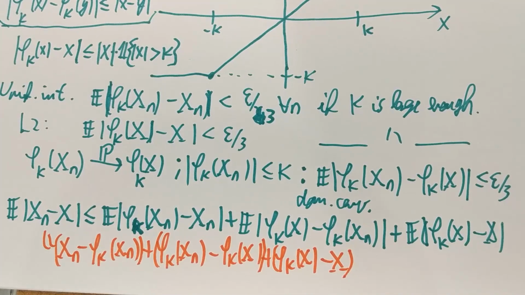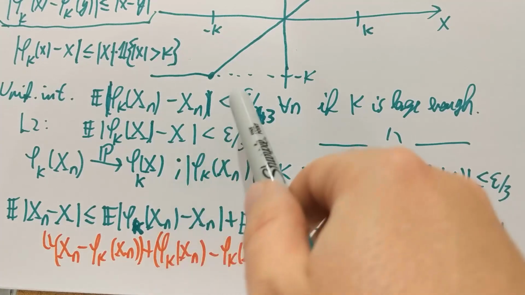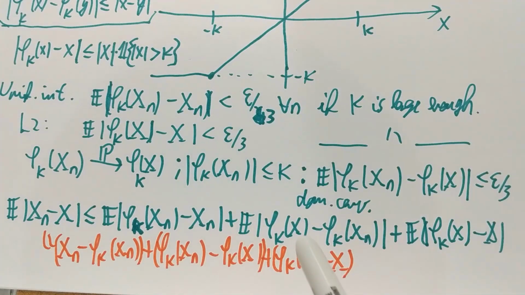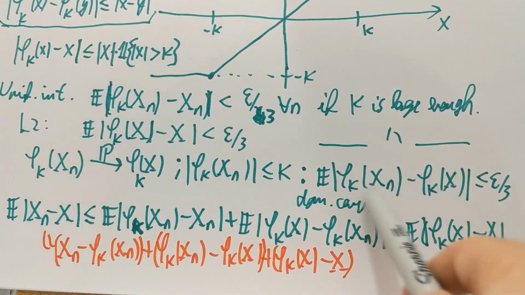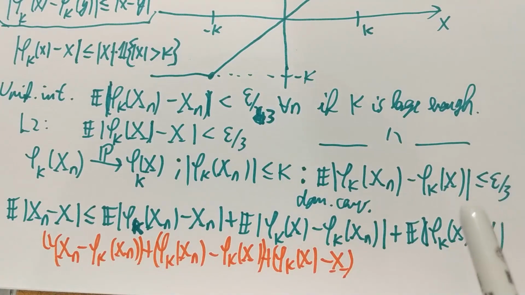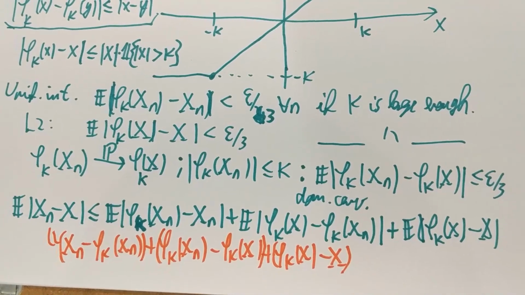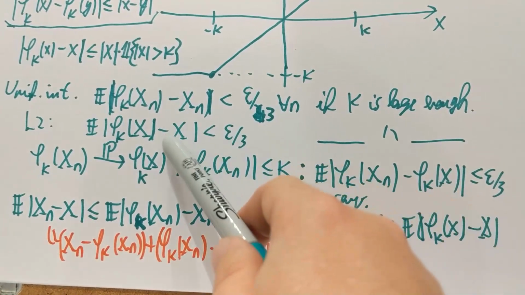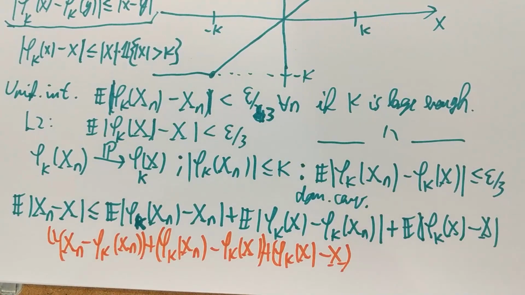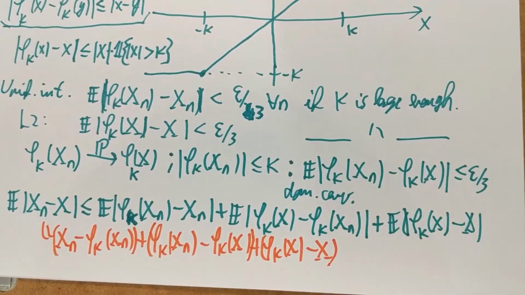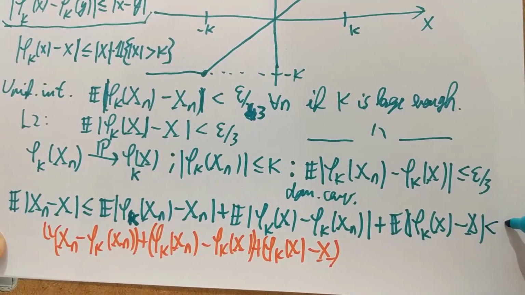And now I'm done because all of these terms are smaller than epsilon third. The first guy is here, smaller than epsilon third. The second guy is there, smaller than epsilon third. You just swap it around, but that doesn't matter in the modulus. Okay, the last guy is there, again smaller than epsilon third. So all of these guys are smaller than epsilon third, and that means that this whole thing is smaller than epsilon.